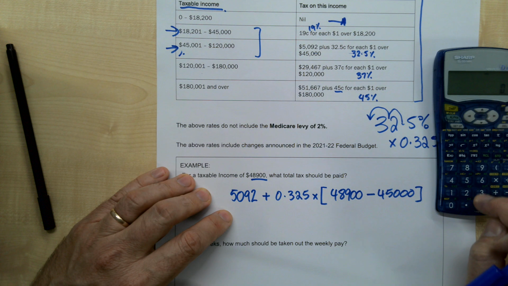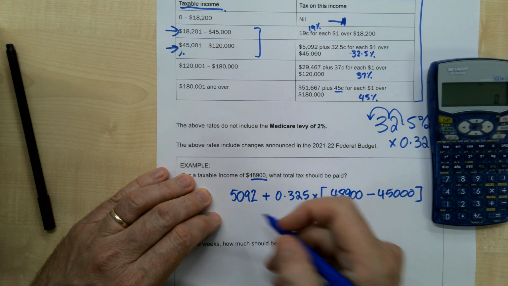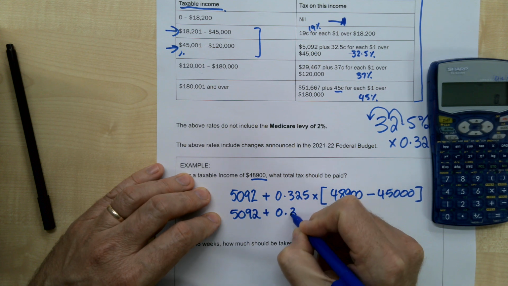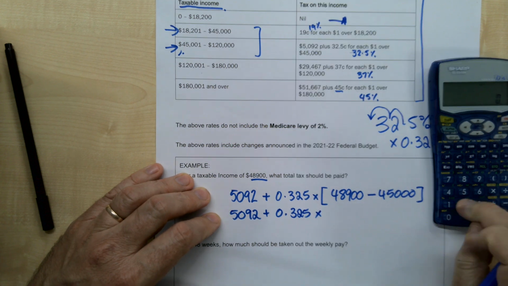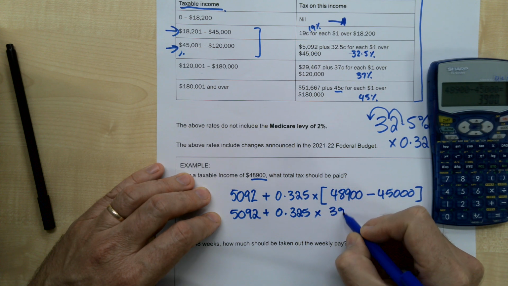It's instructions. So you can feed all of that in, but I will do it in a couple of steps for you. So 48,900, do the brackets first, minus 45,000, so that's 3,900.